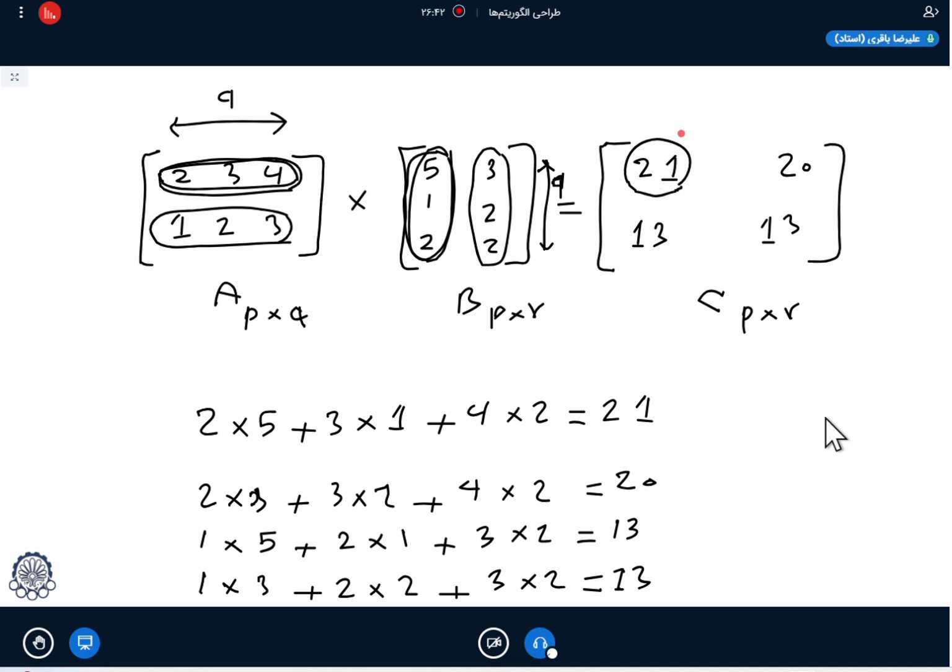And for each item of C, we should do Q multiplications.